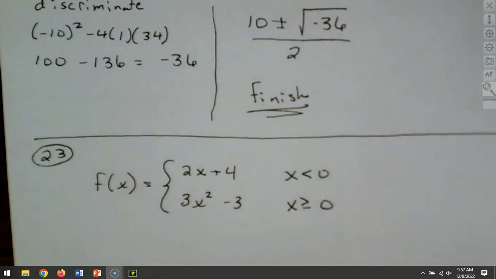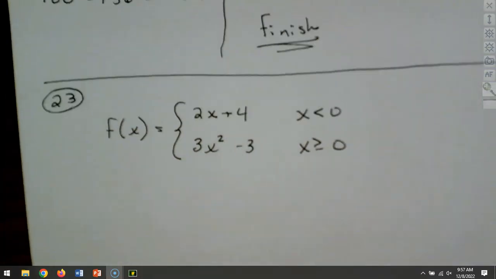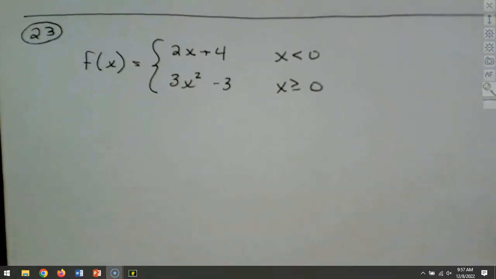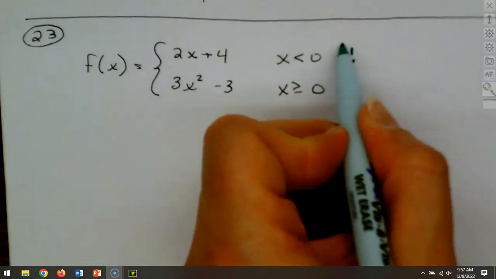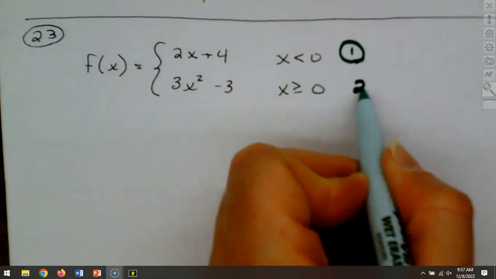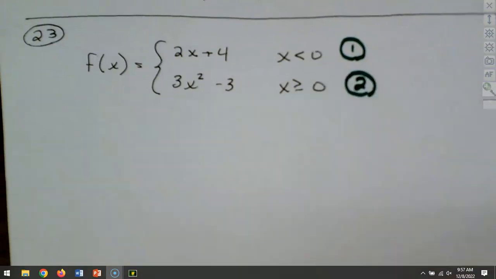I'll do one of them. You do the other one. This is what's called a piecewise defined function. And a piecewise defined function is done on different levels.